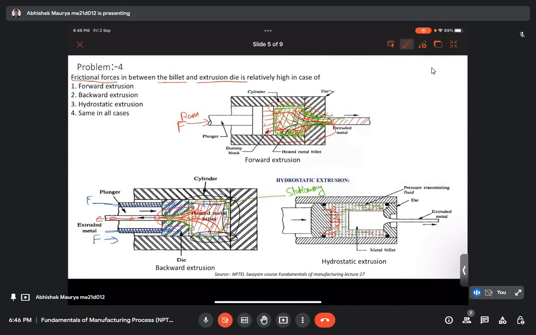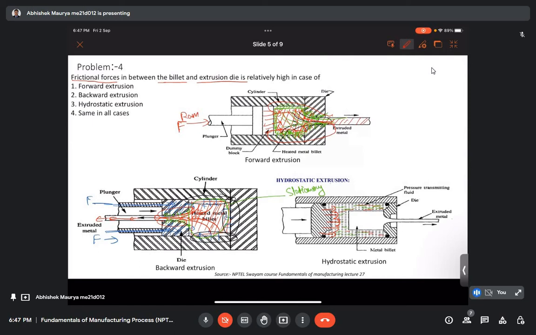When it experiences a force or, let's say, pressure, then wherever it remains in contact with any other surface, it applies equal pressure to all the contact surfaces.